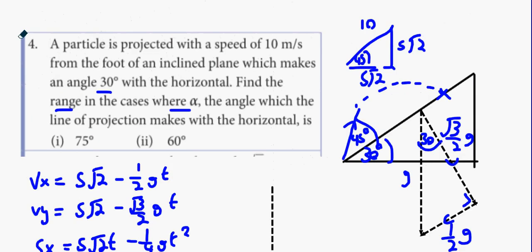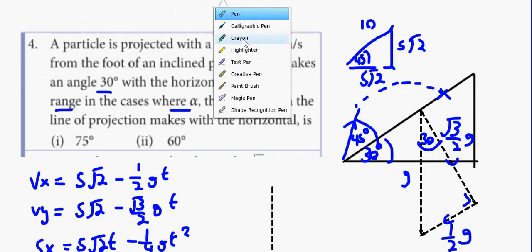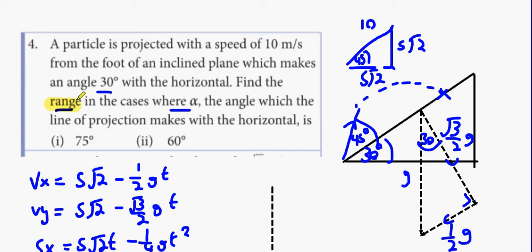So the key thing in the language was it wants you to find the range, and the line of projection makes it the horizontal. That's why we got 45 plus the 30 to give me the 75. This time it's going to be a thrown angle of 30 degrees, like so.